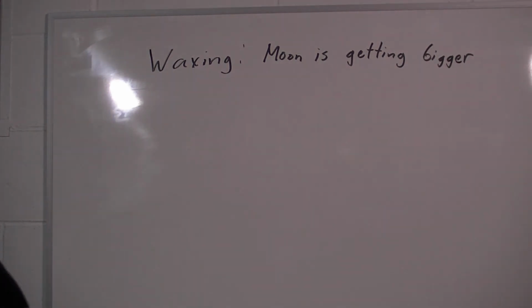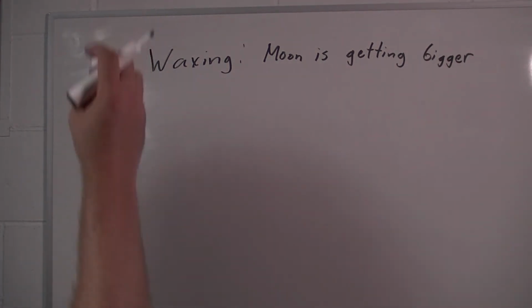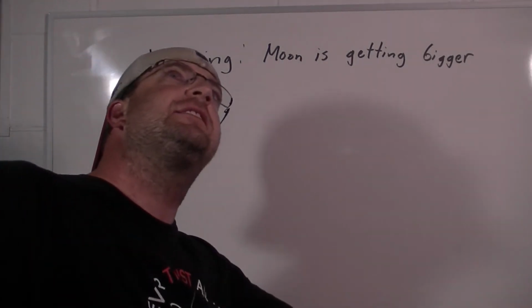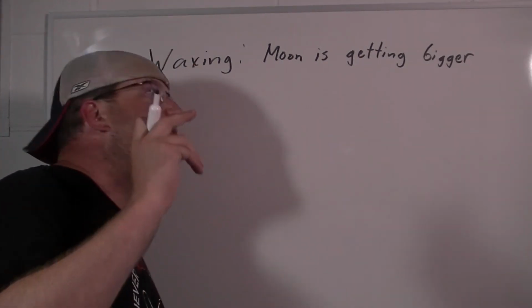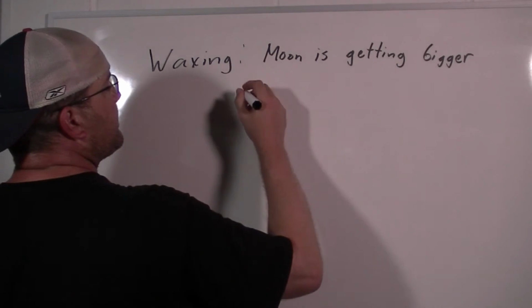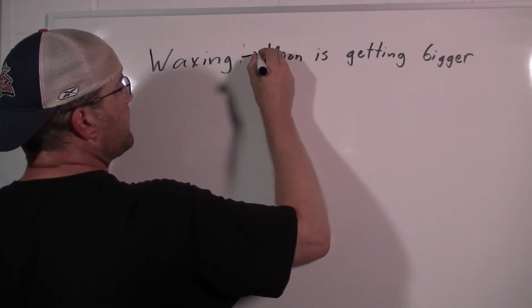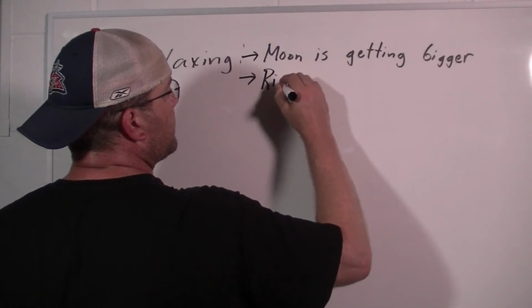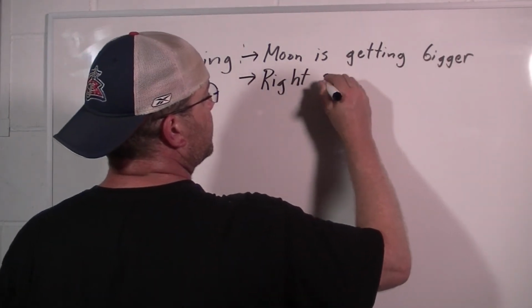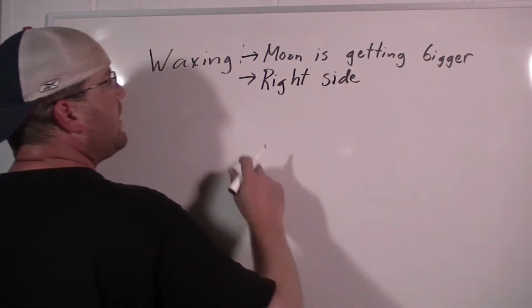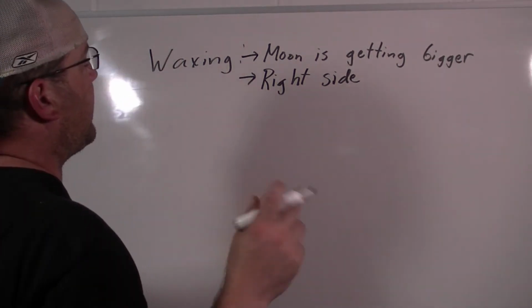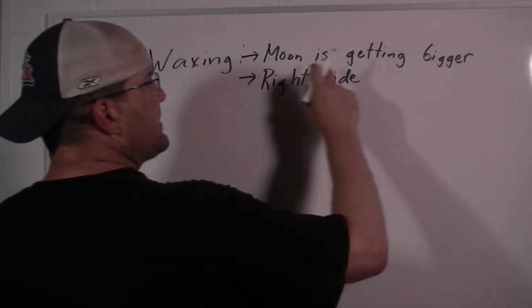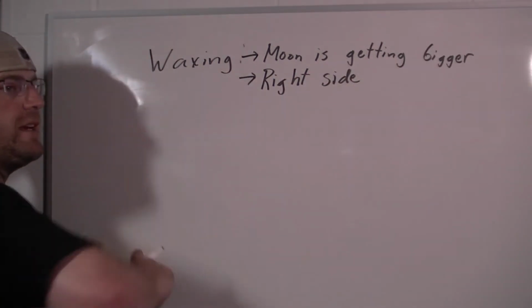No. But what I see standing on the surface of the earth and looking up into the sky, whenever I can see the right side of the moon, and the moon is getting bigger, it is considered to be waxing.